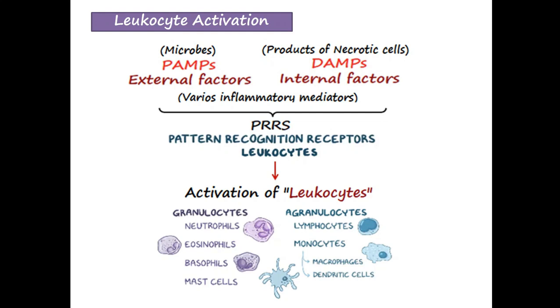This is important: the leukocyte must first recognize some components of the microorganisms, and these components are known as the PAMPs, pathogen associated molecular patterns, and they constitute the external factors.